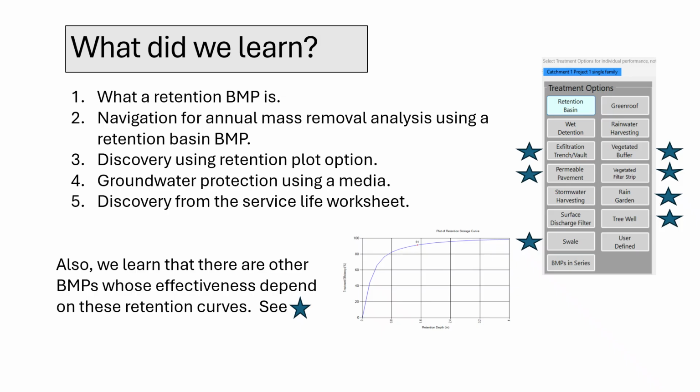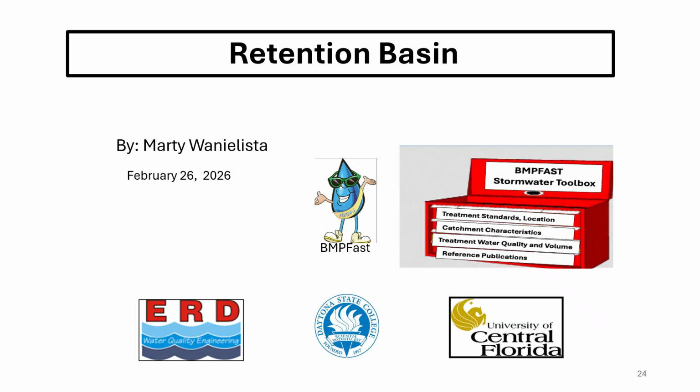Finally, we broadened our perspective to recognize that the effectiveness of many other BMPs, including exfiltration systems, permeable pavements, swales, and rain gardens, is intrinsically linked to and dependent upon these same fundamental retention curves and principles we've thoroughly examined. This concludes our information on understanding retention, which included a look at navigating the BMPFast software.